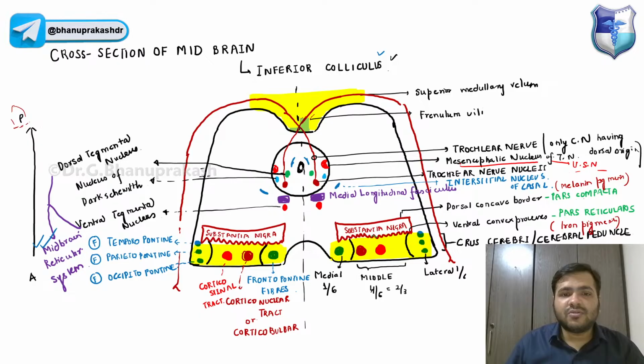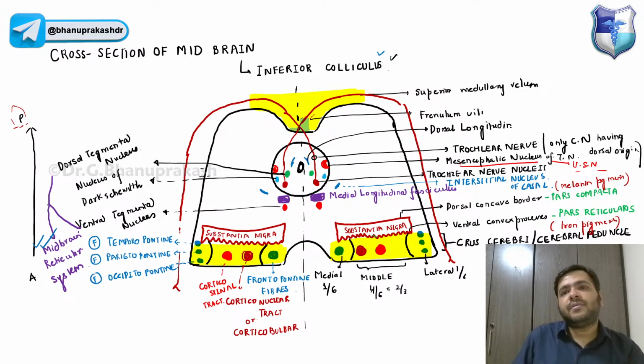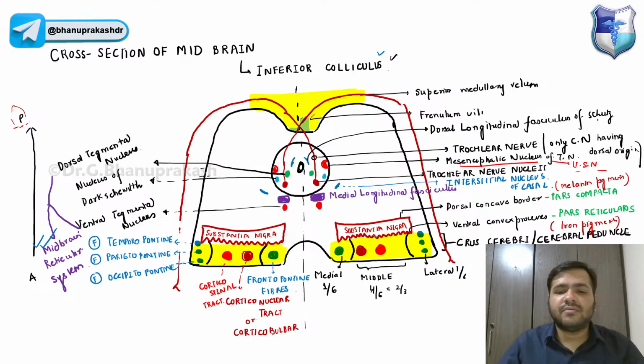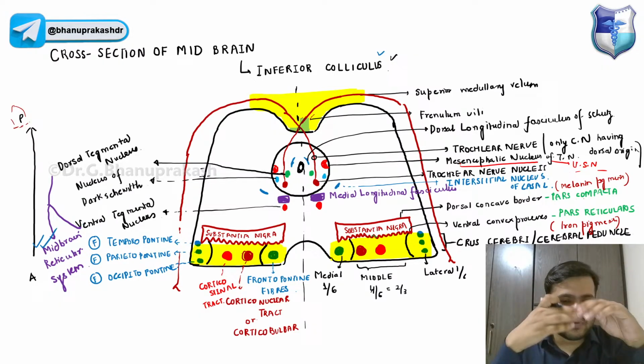These are called the dorsal longitudinal fasciculus of Schutz, which is present in the gray matter, on the sides of the cerebral aqueduct.